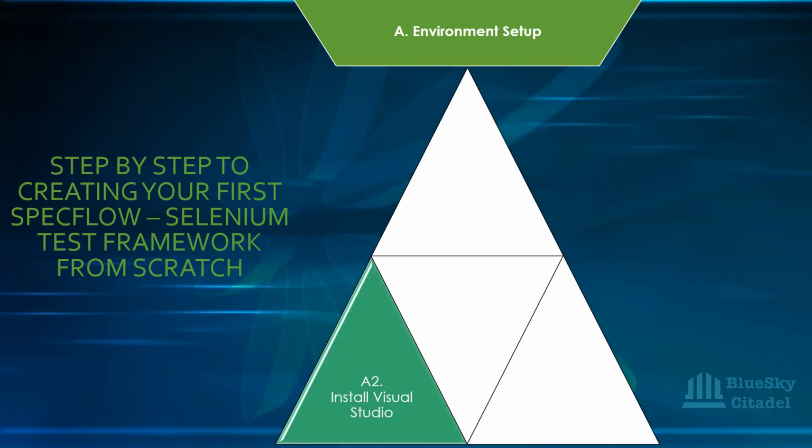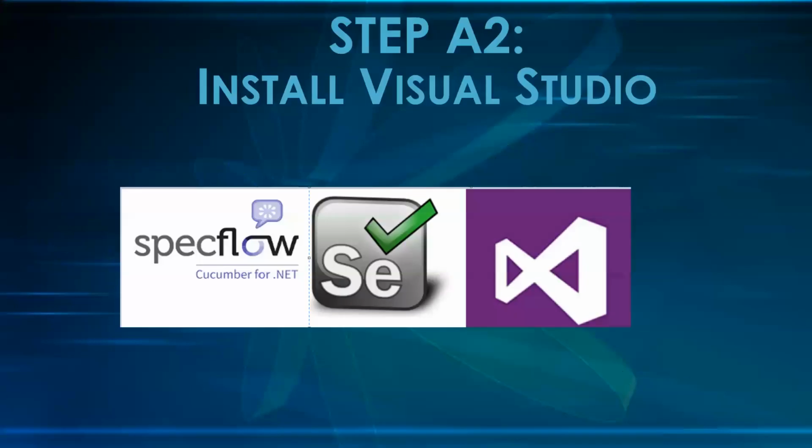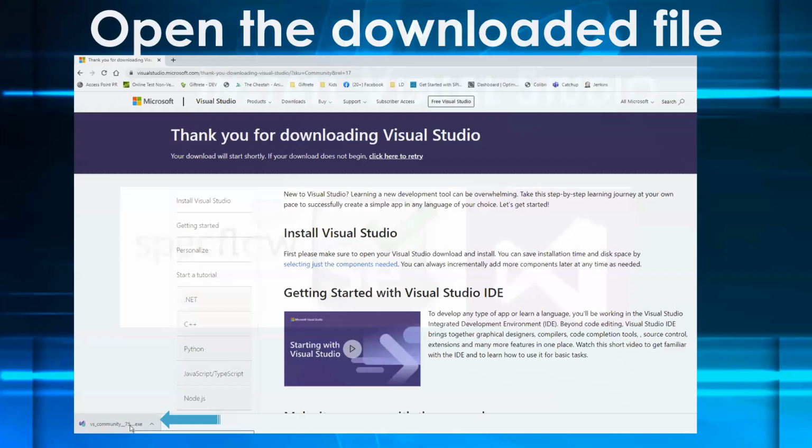In the second step, this particular A2, we will start the Visual Studio installation, right? For you to install Visual Studio in this A2 part, the prerequisite is that you've got Visual Studio downloaded in the A1 that we did, right?